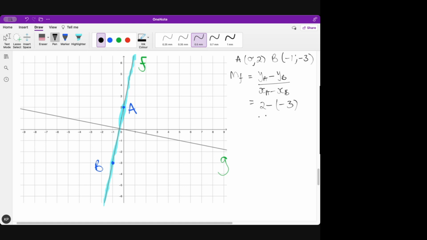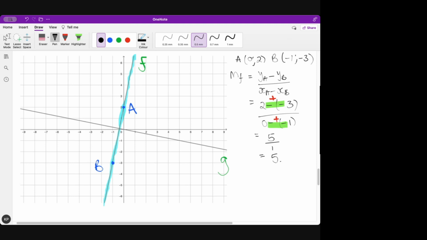Divided by the x of a, which is 0, minus the x of b, which is negative 1. What are these negatives going to become? This is going to be a plus, and this is going to be a plus. So then I have 2 plus 3 in my numerator, which will give me a 5 divided by 0 plus 1, which is a 1. And 5 divided by 1 is 5.